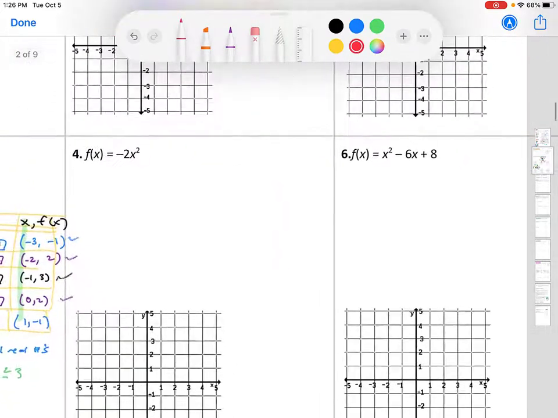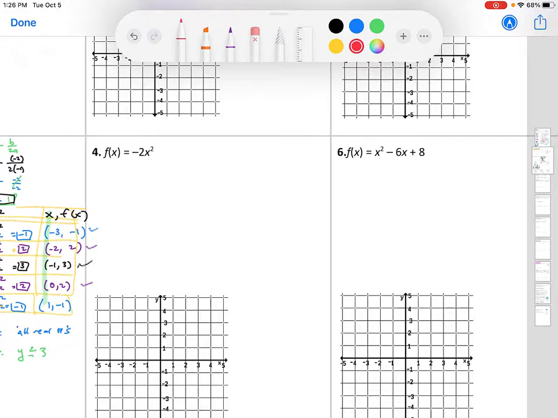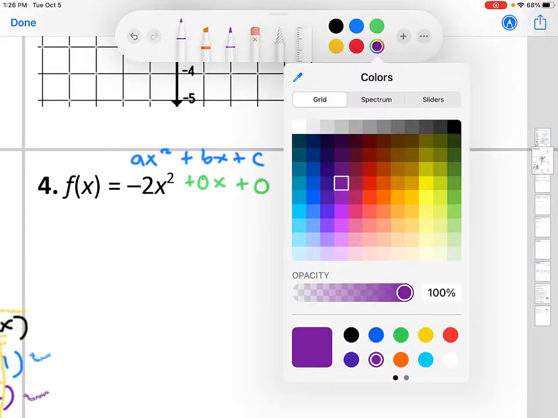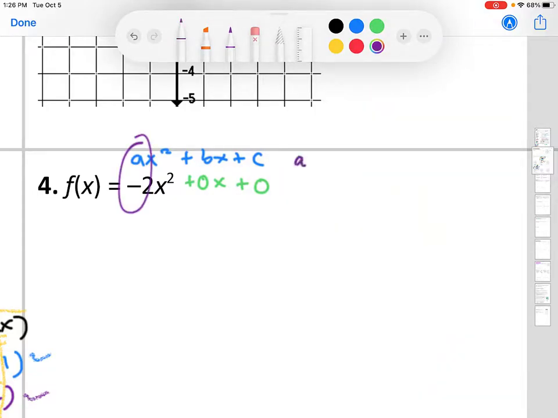All right. Let's do number 4. Okay, this one's a little bit tricky in that there's a bunch of stuff missing. So you can just write standard form. You have stuff missing, so just write zeros. See that? And then you can just quickly identify your values. A is negative 2, B is 0, and C is 0.